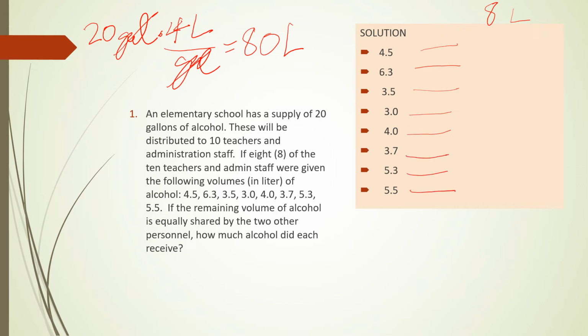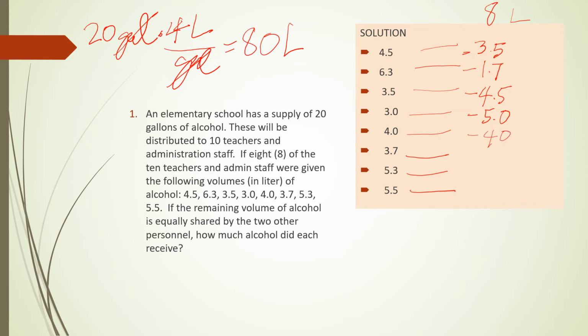So 4.5 is 8 minus 3.5, and 6.3 is 8 minus 1.7. 3.5 is 8 minus 4.5. 3 is 8 minus 5. 4 is 8 minus 4.